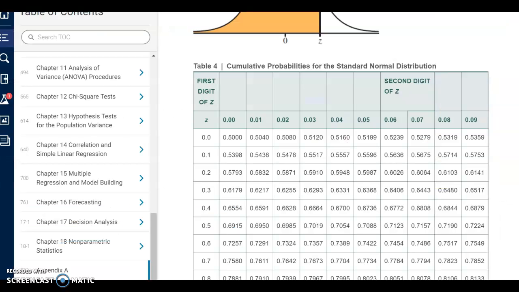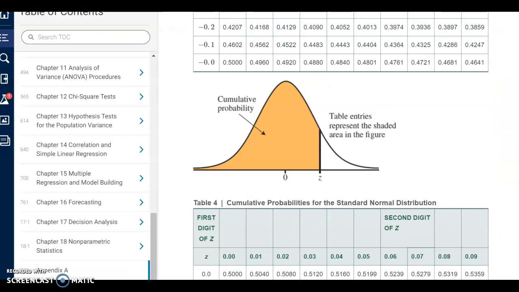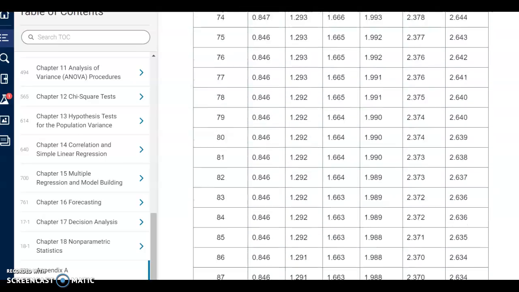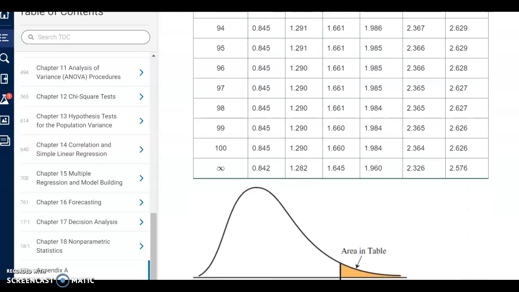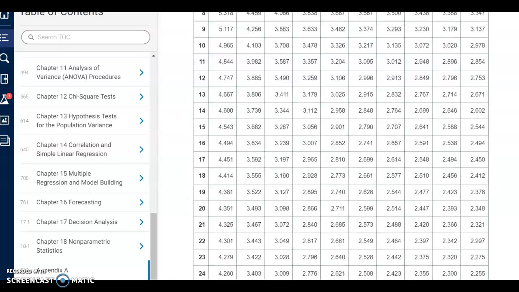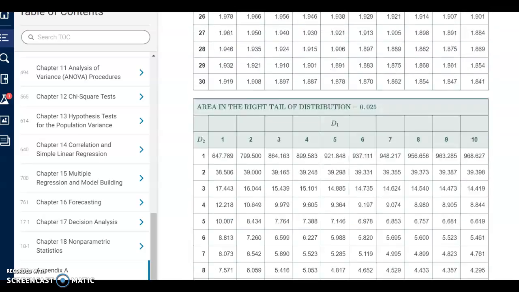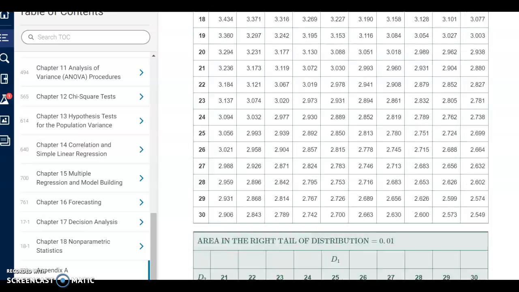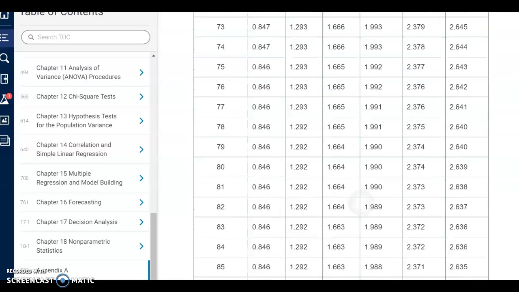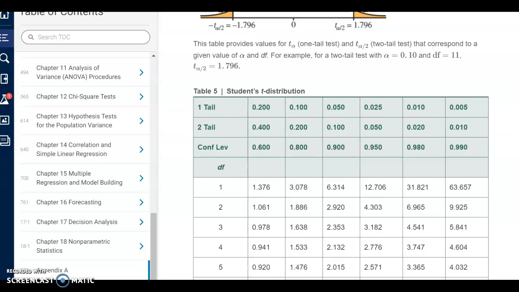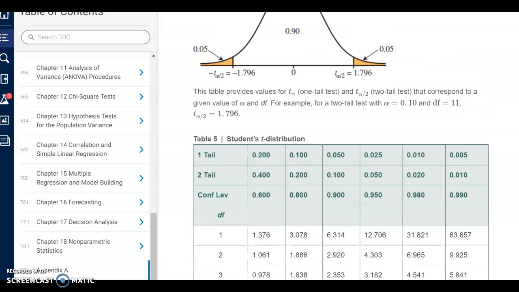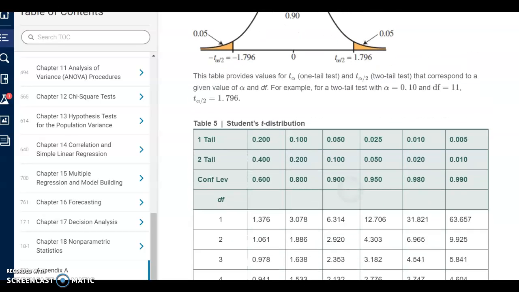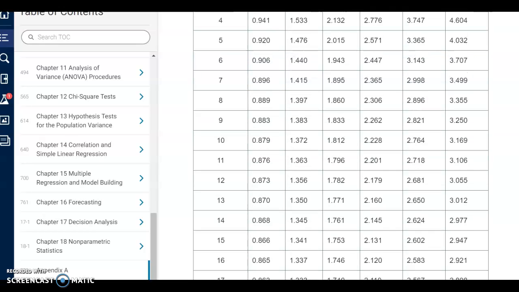So what we need to do is look at our table here. We're looking for the t, so we're looking for 90% and 20.